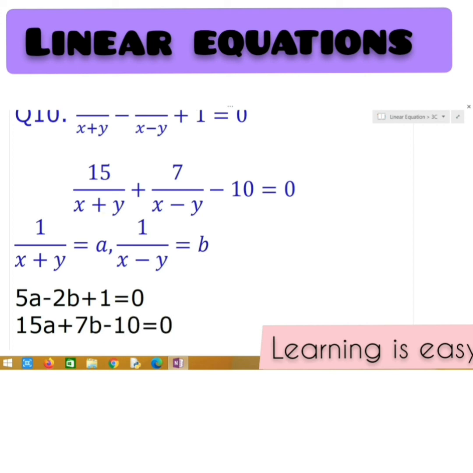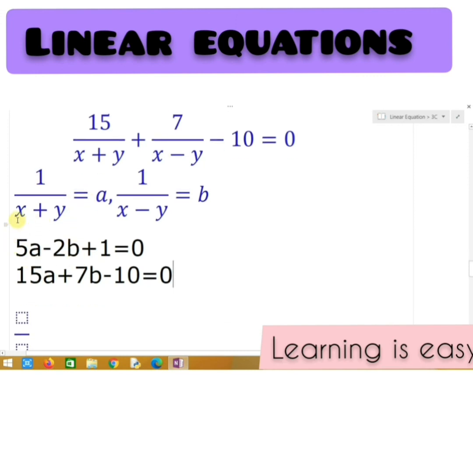Now, by the usual cross multiplication method approach, we'll first try to get the value of a and b, then rewrite as equation of x plus y, and again we do the cross multiplication to get the value of x and y. So this is the difference in question 10.